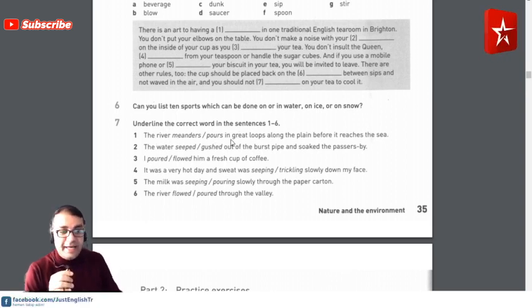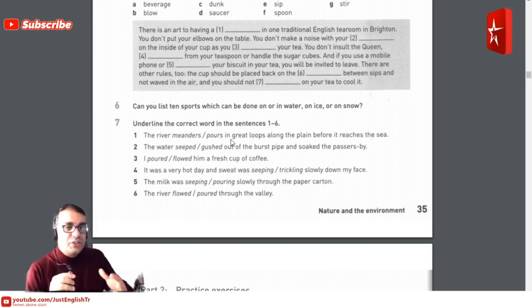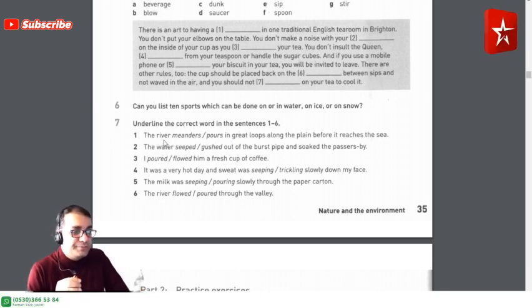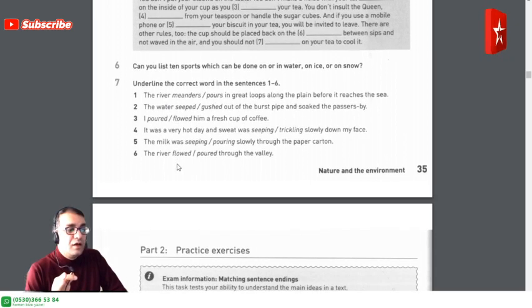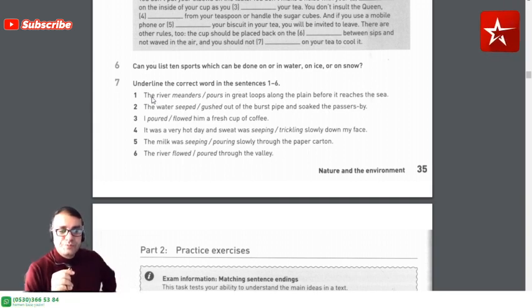This is a test to see your understanding of vocabulary and synonyms in IELTS, and it can come vice versa, this technique. Now let's see. Number 1. What do you think? Which is the right word we're using?